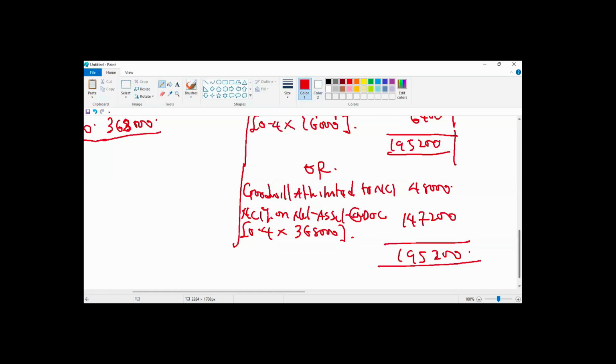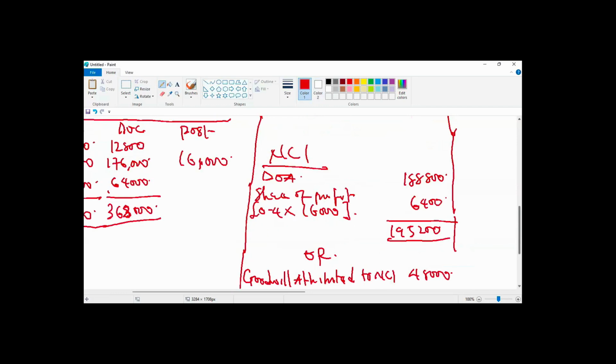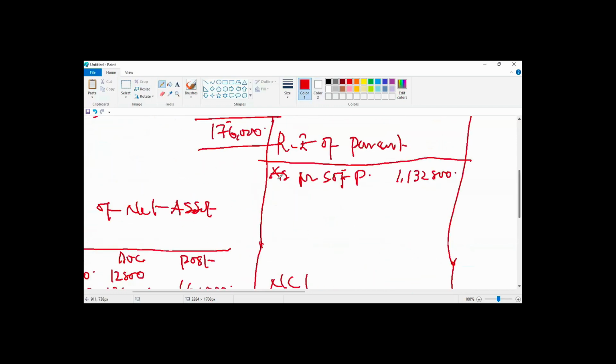You can get the parent portion of the post-acquisition profit. I will not say share of profits, which is 0.6 times 16,000.